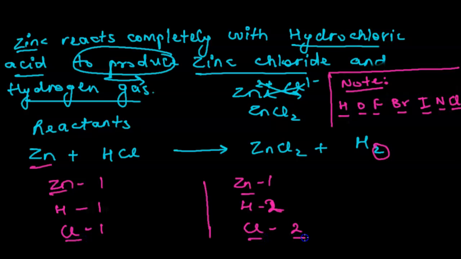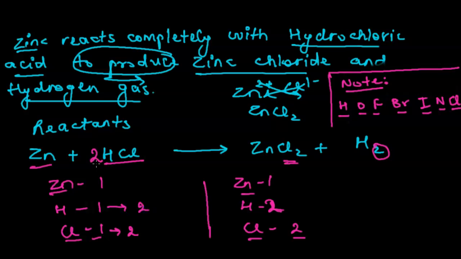So chlorine is 2 and chlorine is 1 here. If this side chlorine is 2 and I want to make it 2 here, the only spot I can put 2 is right in front of the whole compound that contains chlorine. And with that, what happens? My chlorine becomes 2 on the left side. As soon as my chlorine becomes 2, my hydrogen also becomes 2.